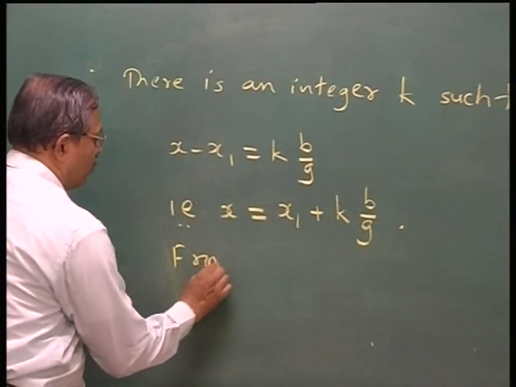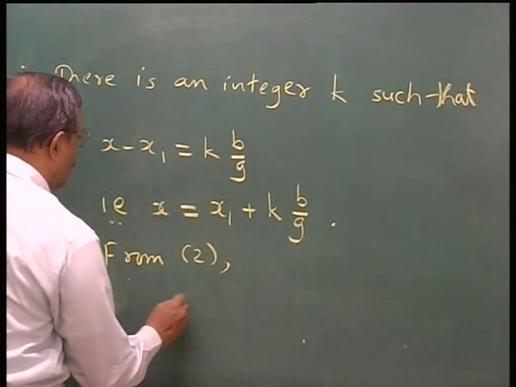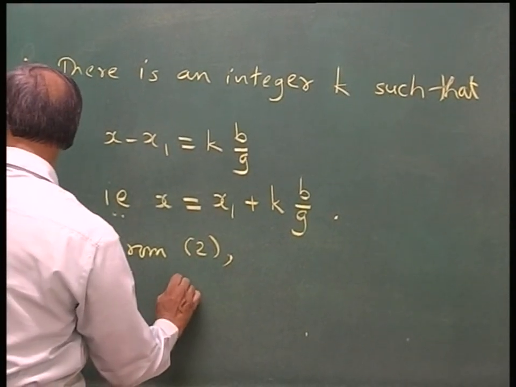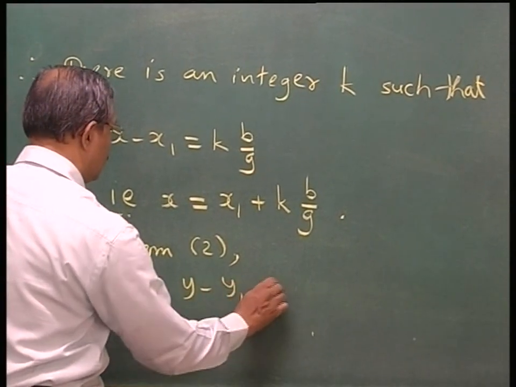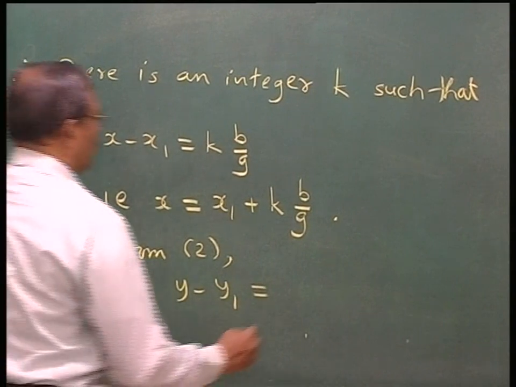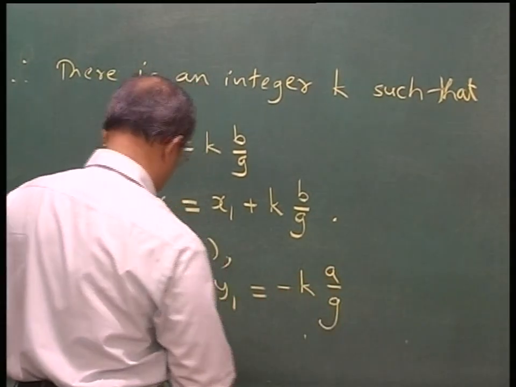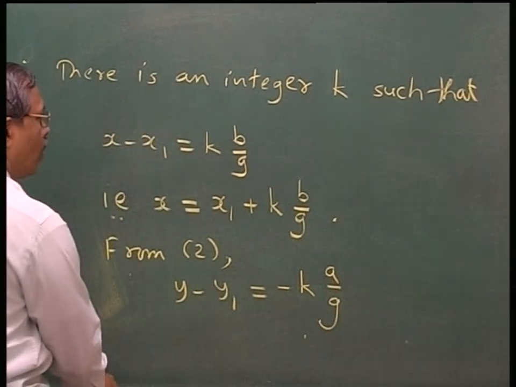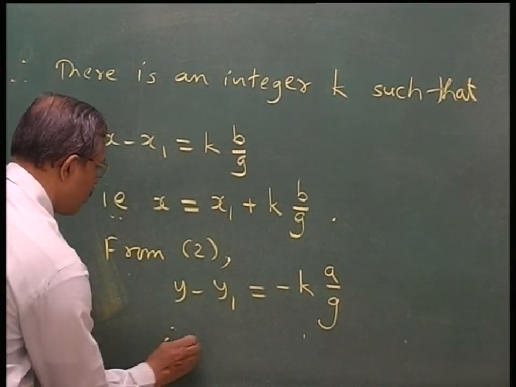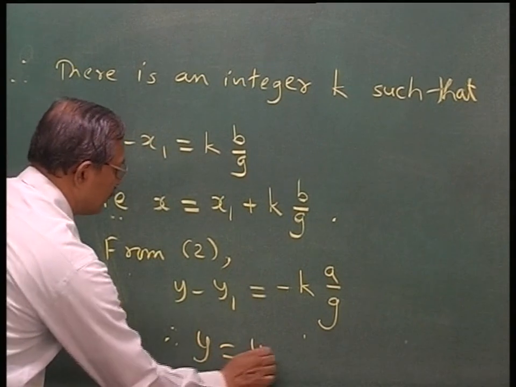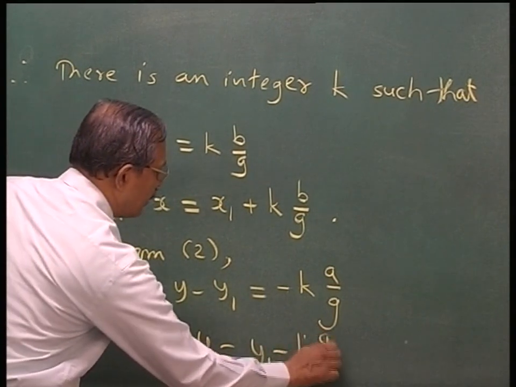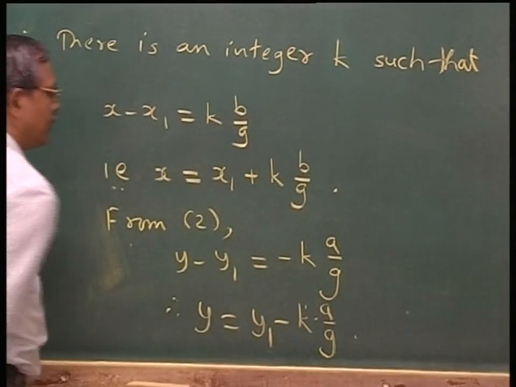From 2, y minus y1 equal to minus k into a by g, and therefore y equal to y1 minus k into a by g.